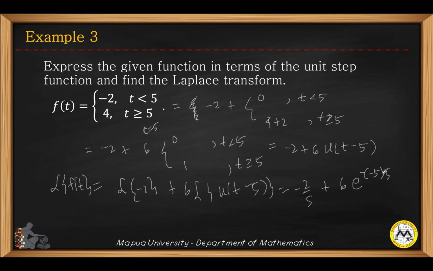The formula is e to the negative cs over s for u of t minus c, and your c here is 5. So for the final answer, this is negative 2 over s plus 6 e to the negative 5s over s. This is your final answer.